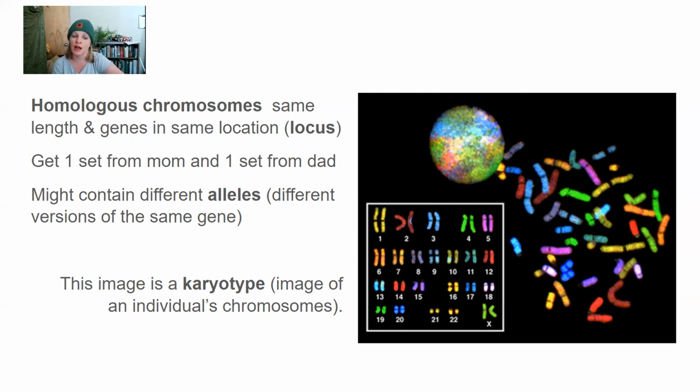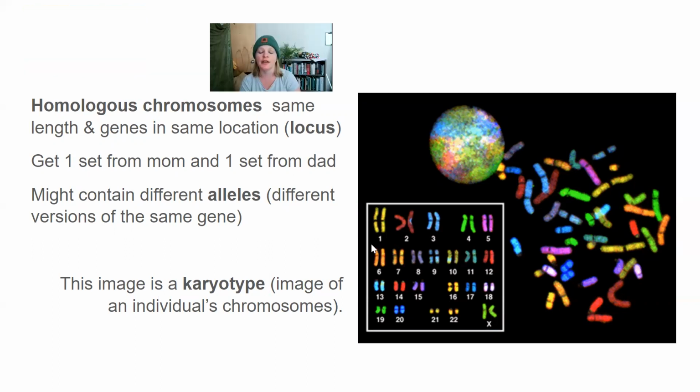Usually when there are issues with the number or shape of chromosomes, these people tend to have a lot of health problems. If we know this kid has a third 21st chromosome, so instead of having two 21 chromosomes they have three, we say that kid has Down syndrome. So it's a nice, useful diagnostic tool.